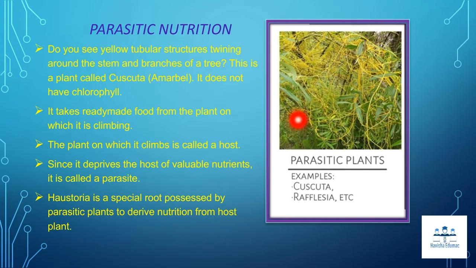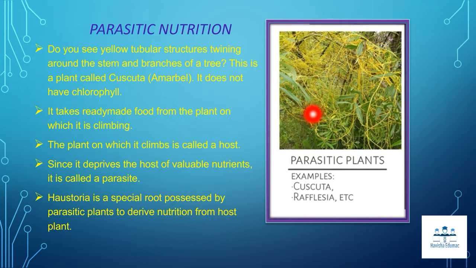Do you see yellow tubular structures twining around the stem and branches of a tree? This is a plant called Cuscuta. It doesn't have chlorophyll. It takes food from the plant on which it is twining. The plant on which it is climbing is called a host.